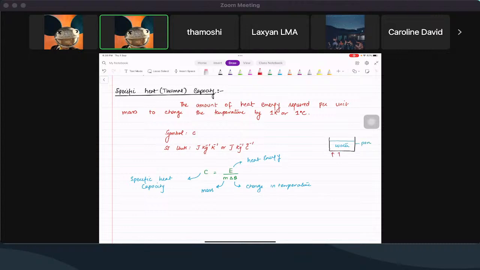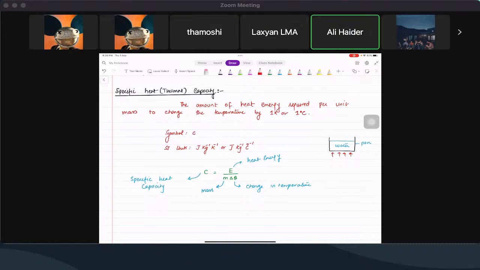Would you believe that the pan would quickly raise its temperature before the water, or would they do it at the same time? What do you say? The pan heats up first.